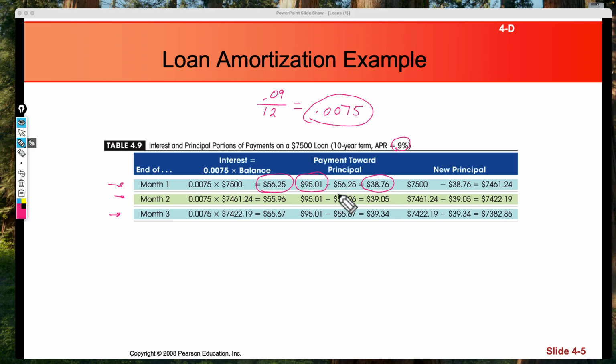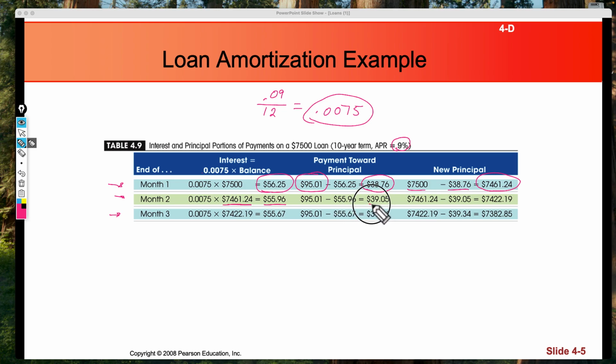$56.25 is like a fee. It's interest. It's a profit for whoever gave you the money. And so what happens is what you borrowed is reduced only by $38, even though you're paying $95. So we have a lower balance. But what happens in the next month is, since the interest is based upon the principal at any given time, our interest is actually a little bit less, not much, maybe about 20, 30 cents, right?